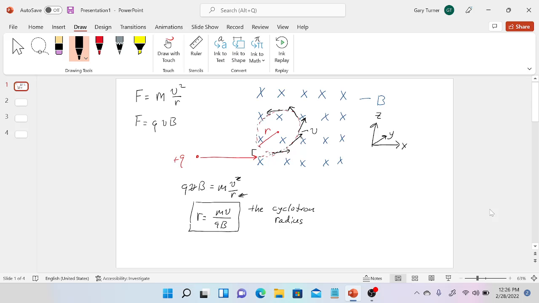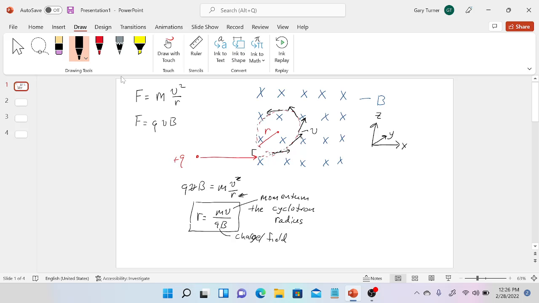First things first, note that the numerator is just the momentum, and the denominator is the product of the charge and the field. And why is this important?